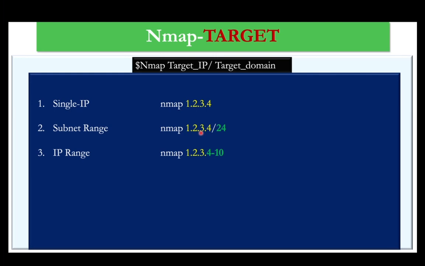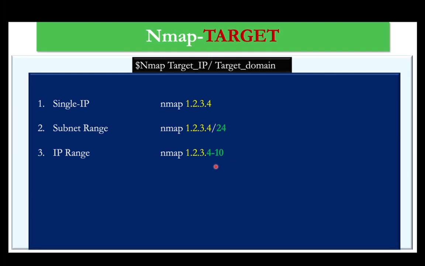That means if in the Nmap discovery phase only a few targets are alive, like the range 4 to 10, where the fourth, fifth, sixth, seventh, eighth and tenth targets are alive, then only this IP range is given for the port scanning.